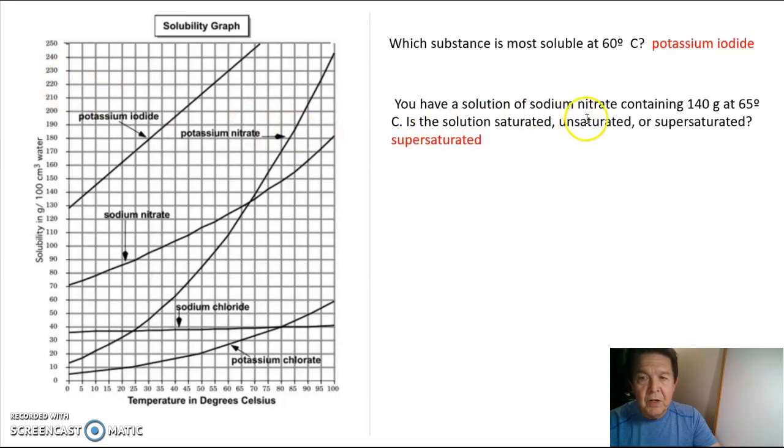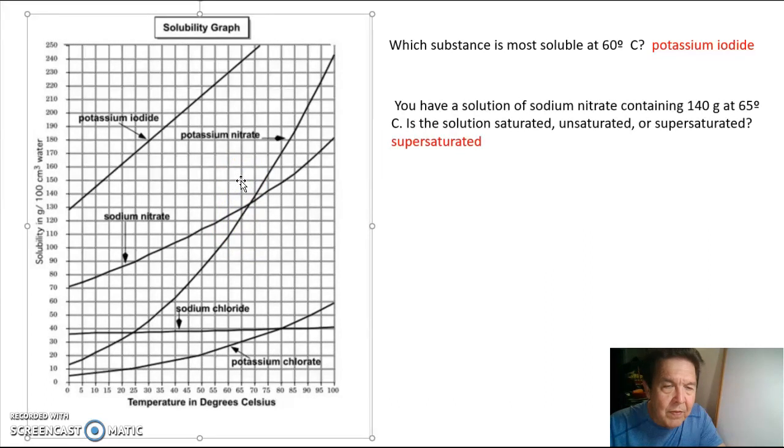You have a solution of sodium nitrate, then you look for sodium nitrate. This is the curve for sodium nitrate, and the question is about a solution at 65 Celsius degrees that contains 140 grams.